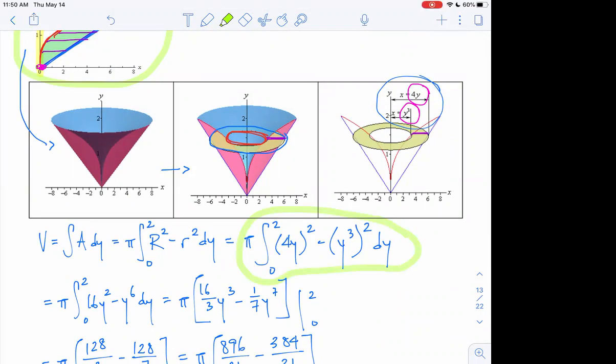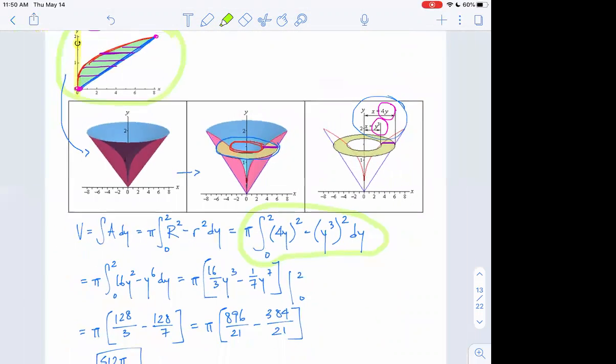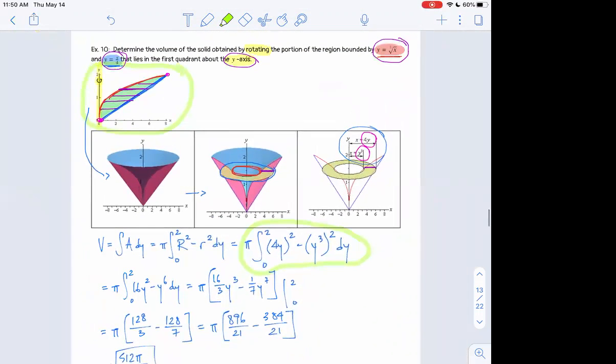Do we know what our outer radius is? Do we know what our inner radius is? And how do we plug those into the formula? Okay, because if these two steps in the green are not feeling solid, then the rest of your problem doesn't really matter. Okay, so I want to make sure that we feel very confident in this setup.